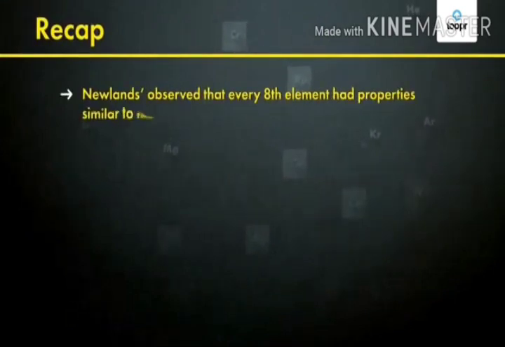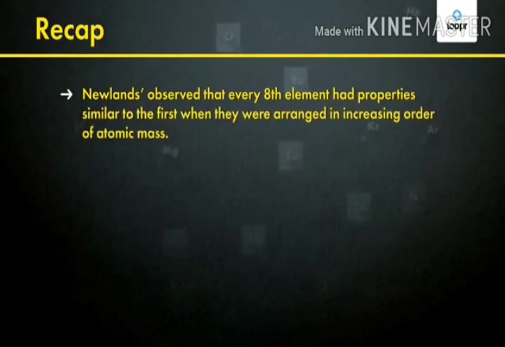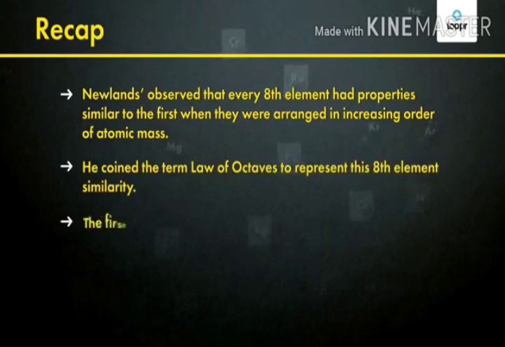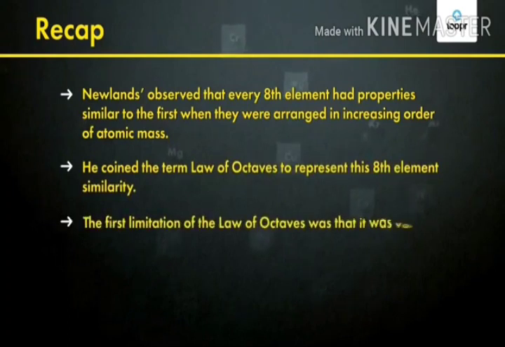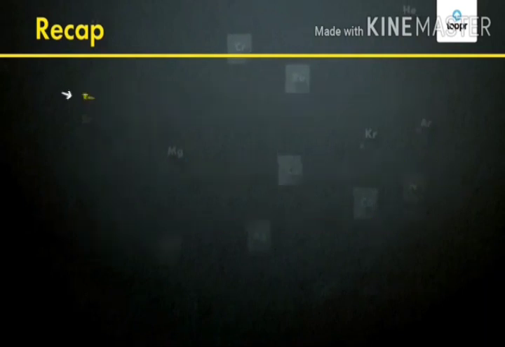Newlands observed that every 8th element had properties similar to the first when they were arranged in increasing order of atomic mass. Coming to the second point, he coined the term law of octaves to represent this 8th element similarity. The first limitation of the law of octaves was that it was valid only till calcium.